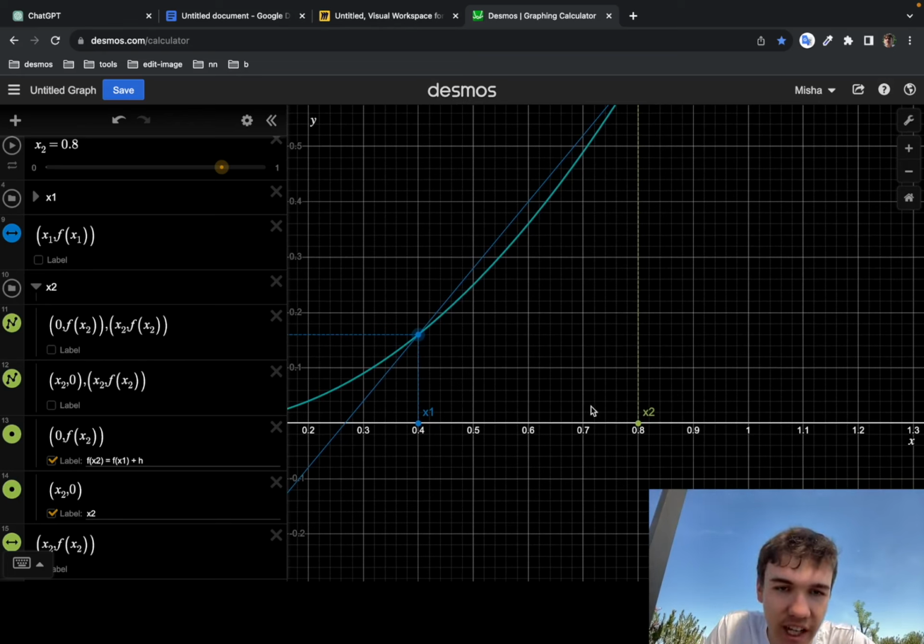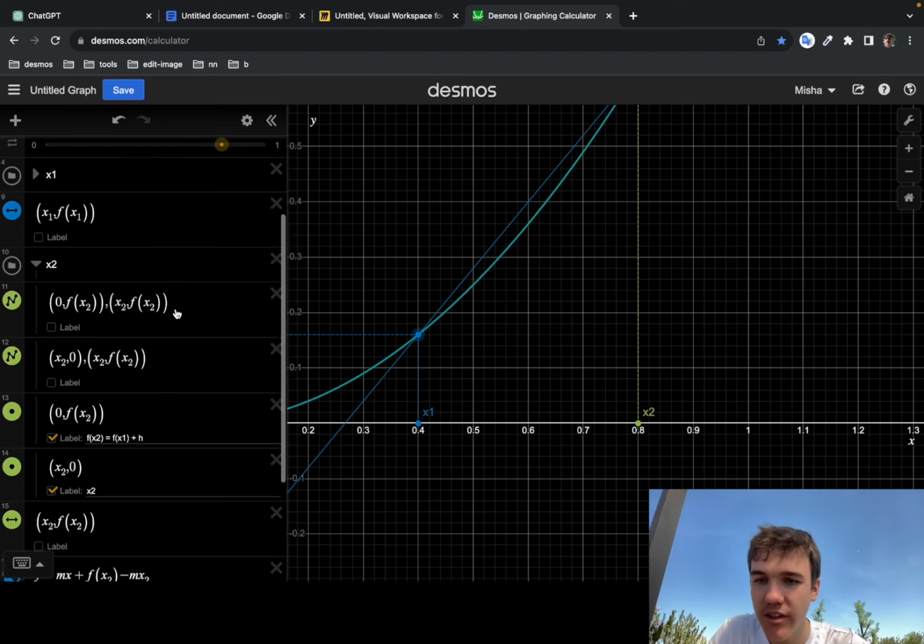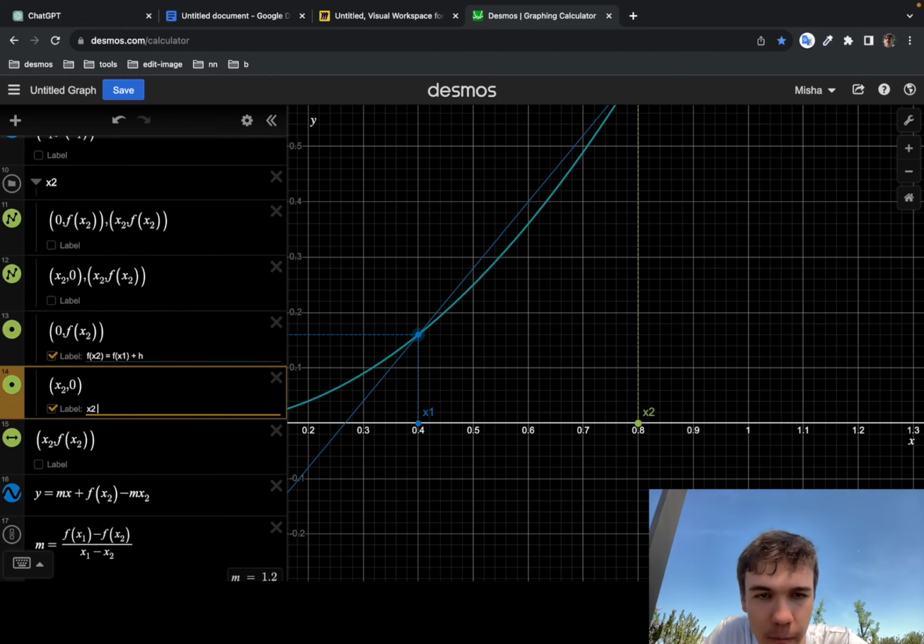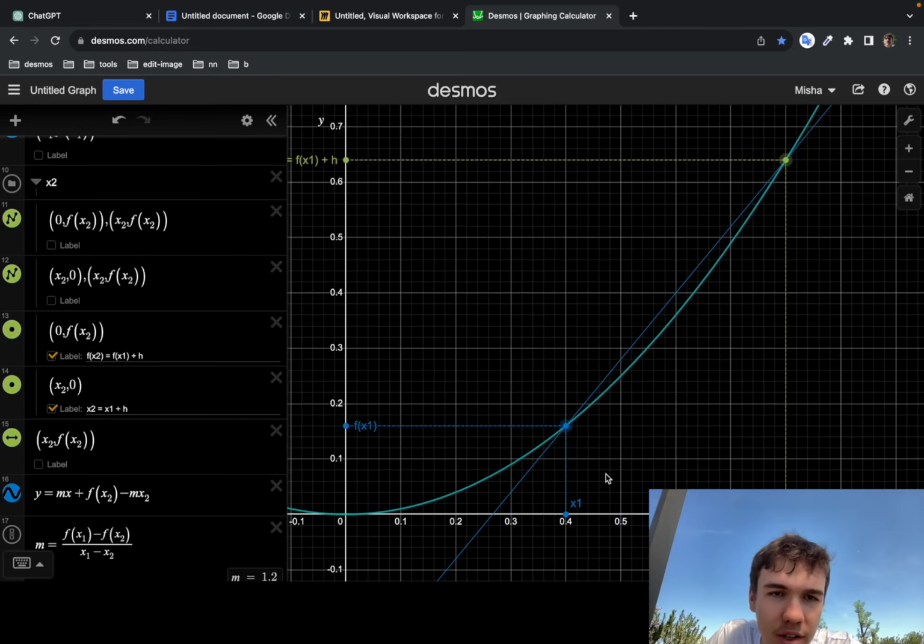I just say that x2 is equal to x1 plus the distance between them, x1 plus h. Okay. So what is our tangent line again? Our tangent line is just rise over run, if you would like to call it that. So this over this, rise over run.